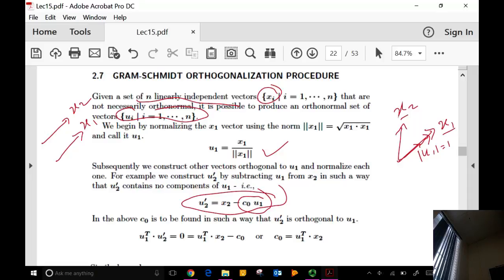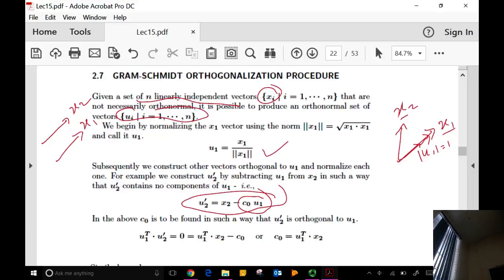Right? So I have another vector, and I'm going to adjust its length such that I subtract enough in the x1 direction, and that is C0 times U1. That is what is enough. I'm subtracting that, so what I'm left with is in the direction perpendicular to U1.